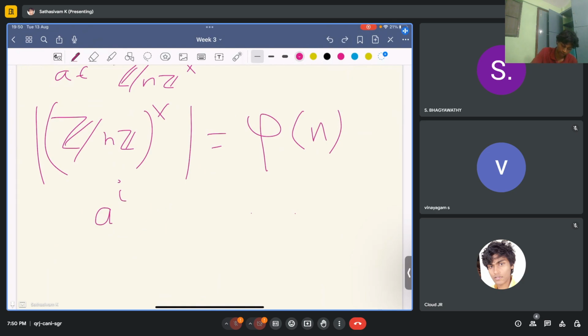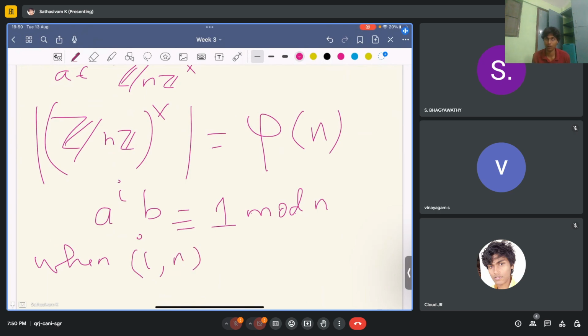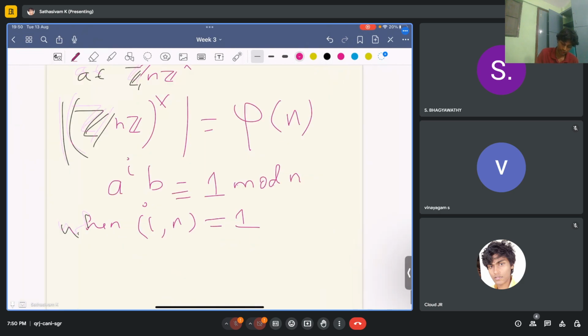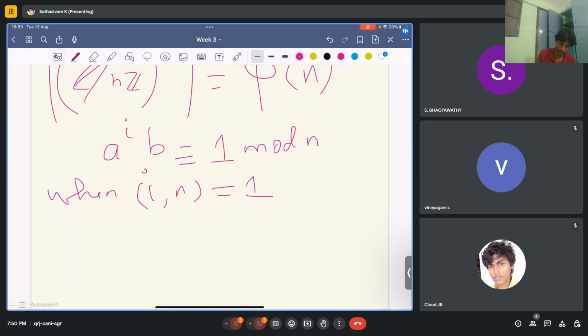Let's say in modular arithmetic, if you look at this equation, this equation has a solution when this i is co-prime to n. This comes from number theory. When i is co-prime to n, it has an inverse. Otherwise, it does not have an inverse.